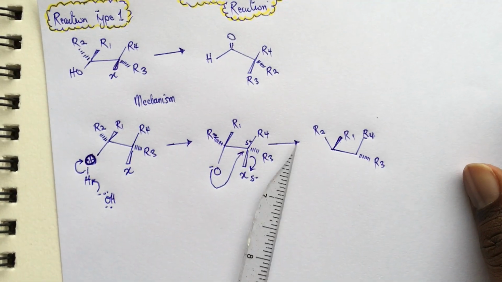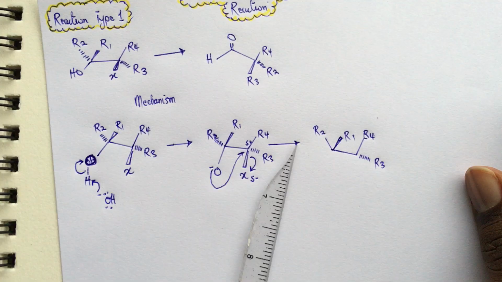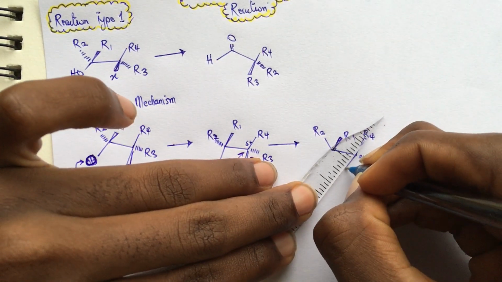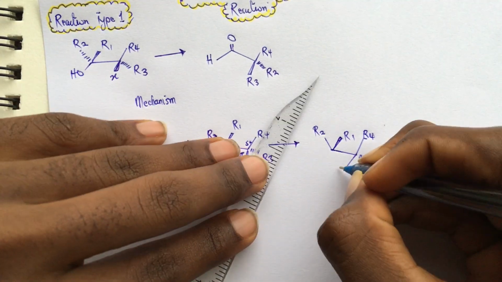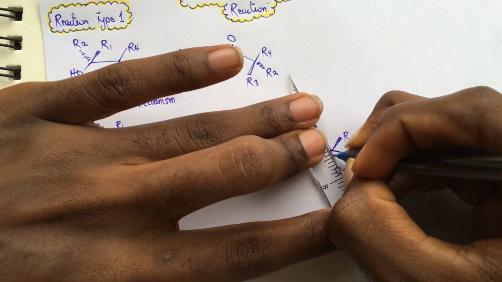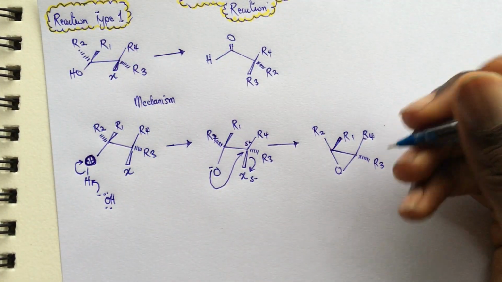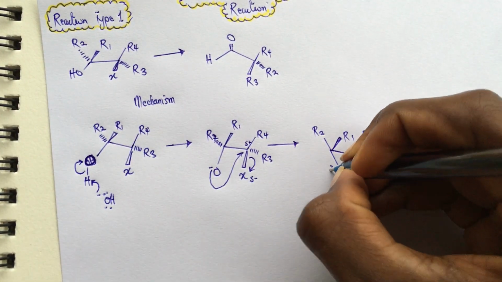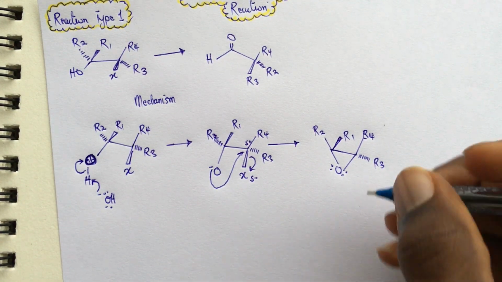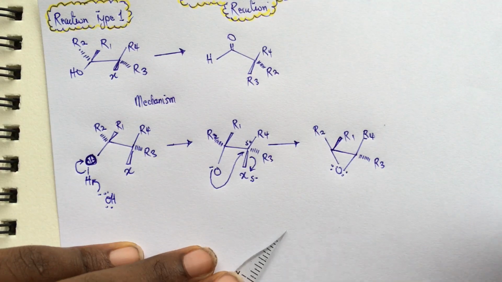So now I'm going to form my epoxide, with this particular oxygen in the middle acting as a bridge. So this is the epoxide that I'm having, with the lone pairs here. With this epoxide, now I can do the next thing.